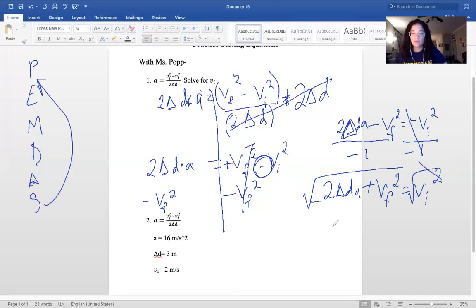Those cancel, and so we end up with VI equals the square root of -2 delta dA plus VF squared. I'm actually going to take this and extend it out a little bit, and I like to do this little brackety deal. That way I know everything that's in front of this little line down is inside of that square root symbol.